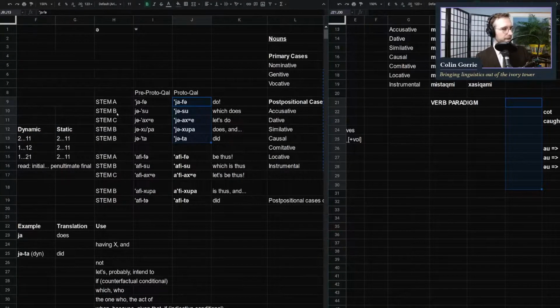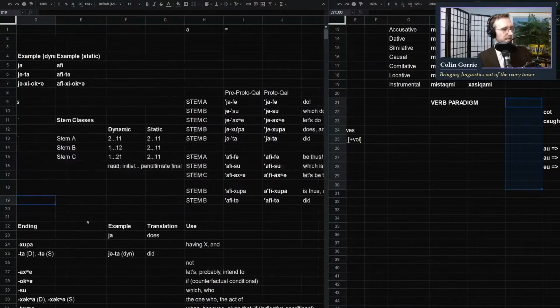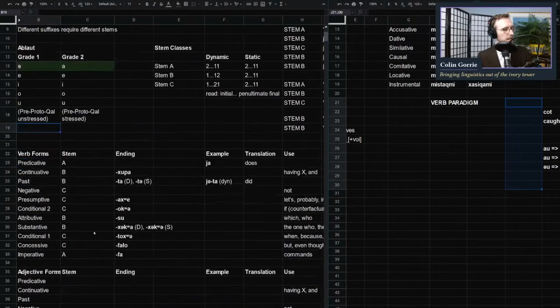So we have this kind of interesting system where we have different stem classes, and the stem classes have an ablaut relationship to one another. It's not an extensive ablaut relationship, but what ablaut is, by the way, I know it's another technical term, is when you have a vowel change which expresses different morphological information, much like English sing, sang, sung.